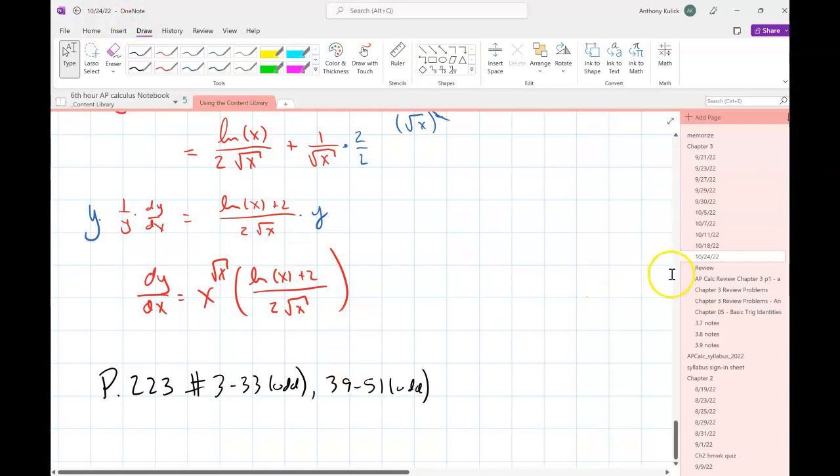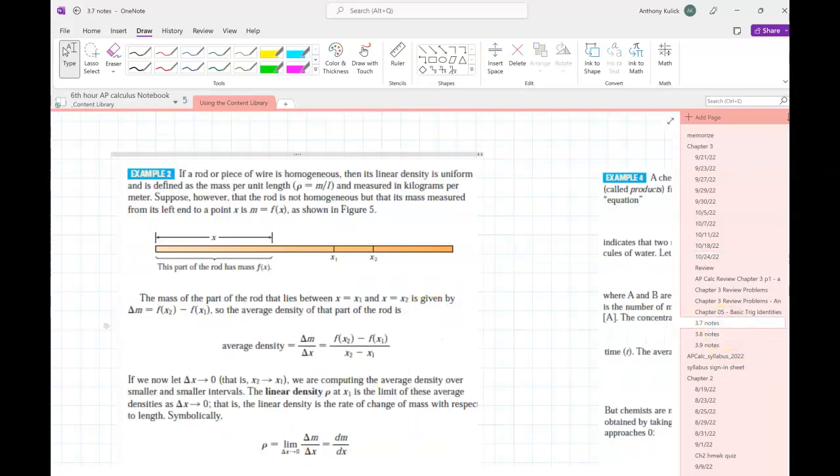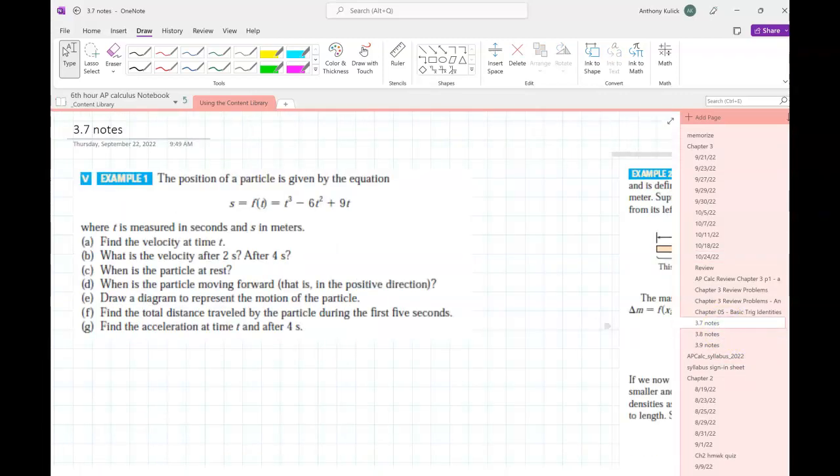We're also going to do section 3.7 today. So section 3.7 and section 3.8 contain no new ideas.